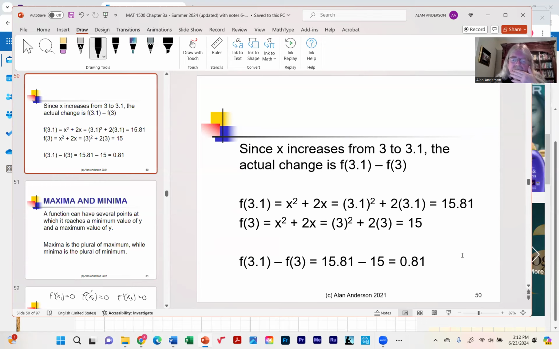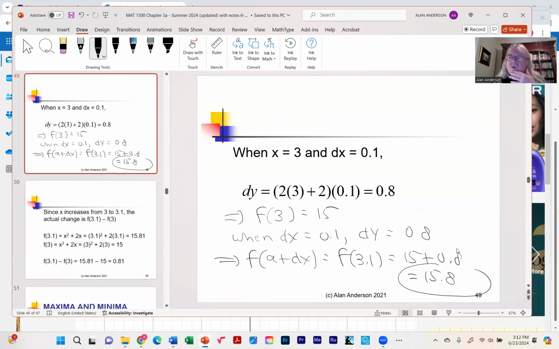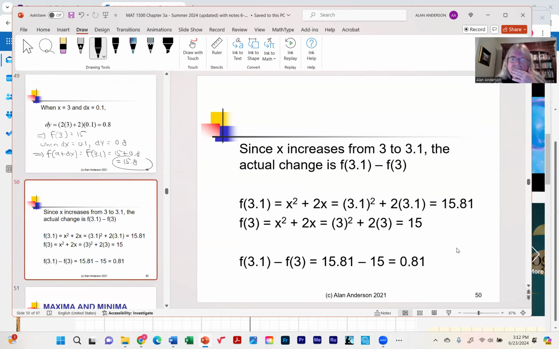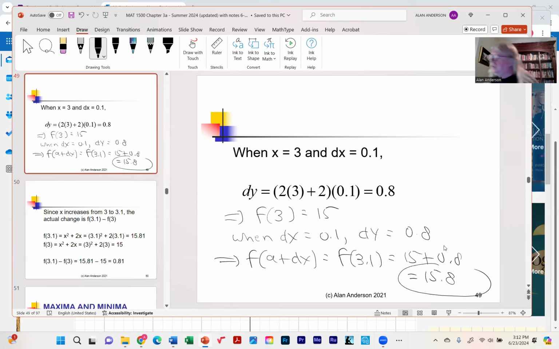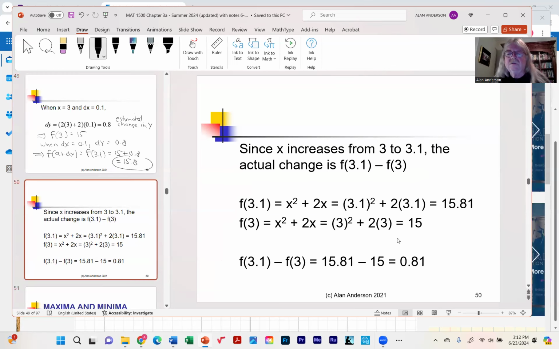So our approximation is only off by about 0.01. The estimated change is 0.8, the actual is 0.81. So it was awfully close.